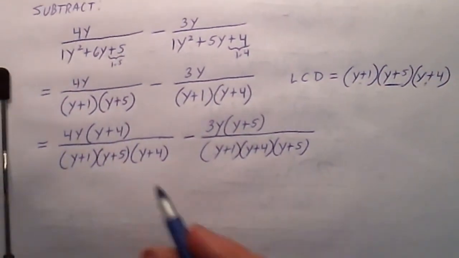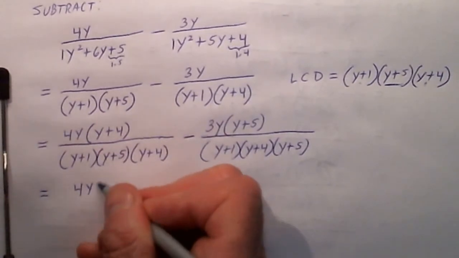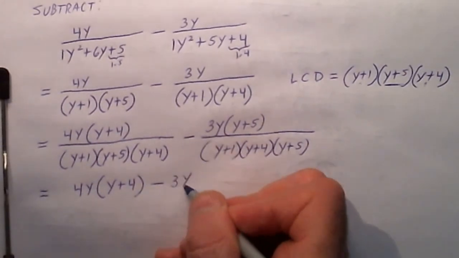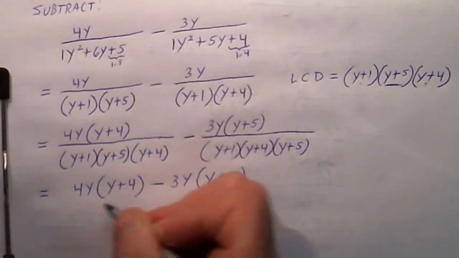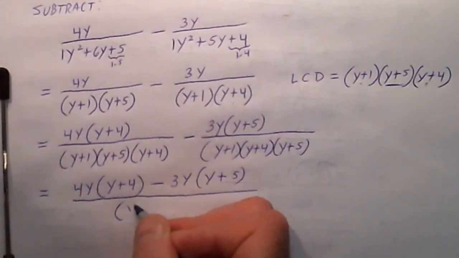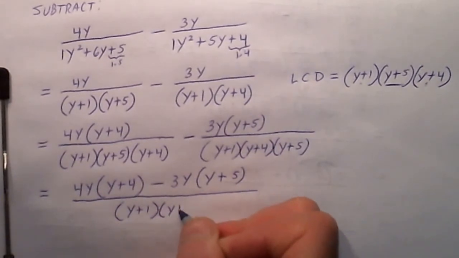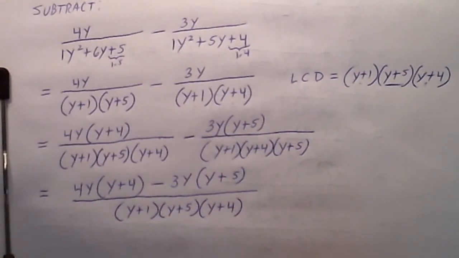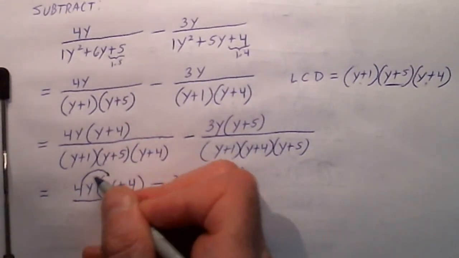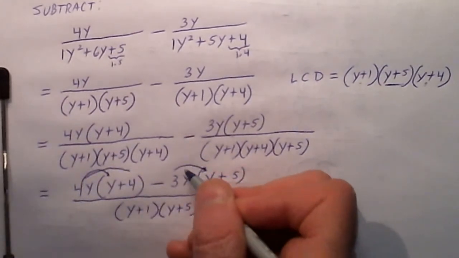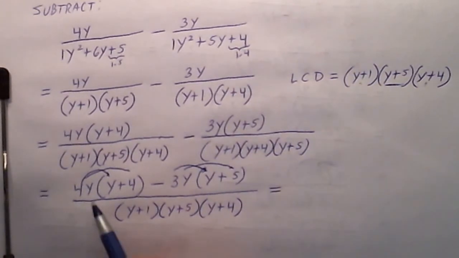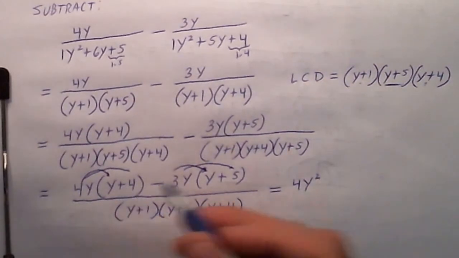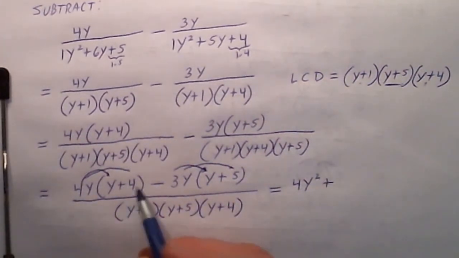That being the case, all that remains is simplifying our numerators here. And so I'm going to subtract off the second numerator over here. And all of this sits over our least common denominator. Okay, what we need to do is distribute here, and we're going to have to distribute here. So 4y multiplied by y is 4y squared, plus 4y multiplied by 4 is 16y.